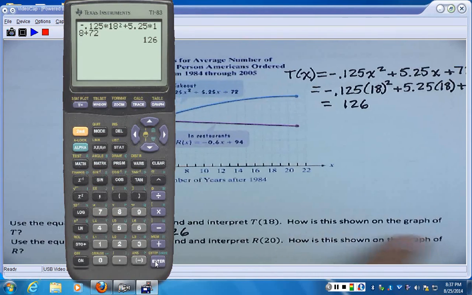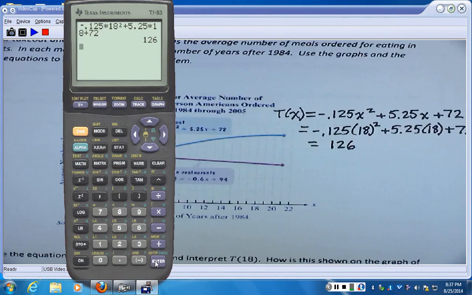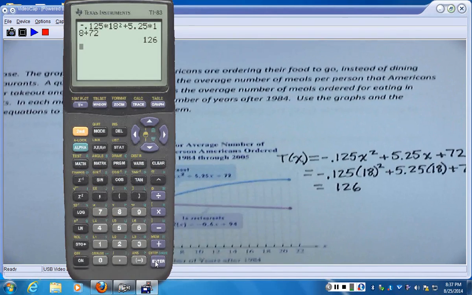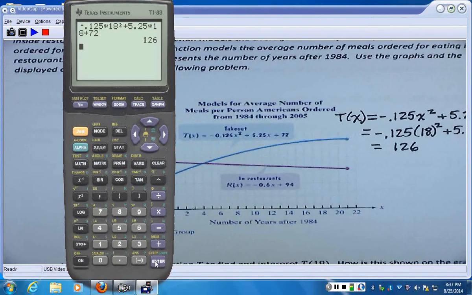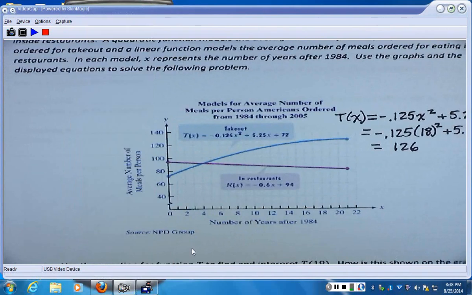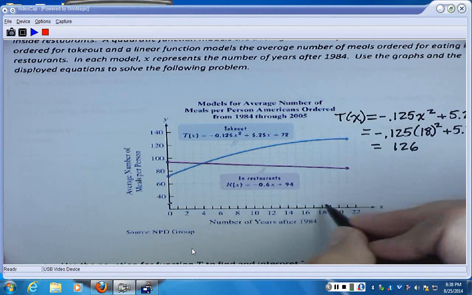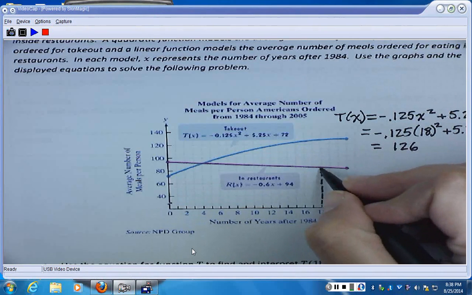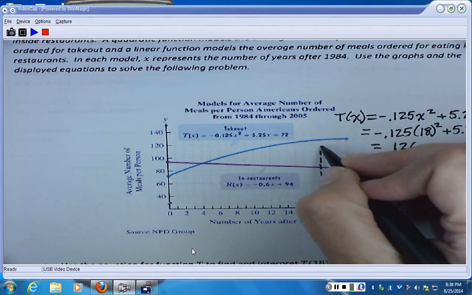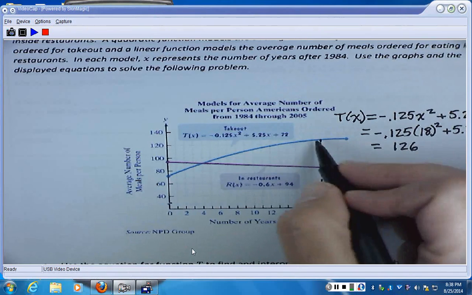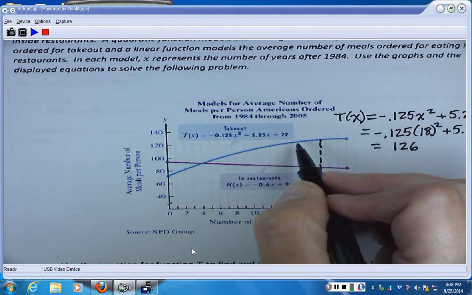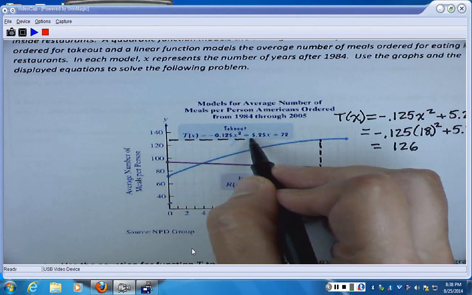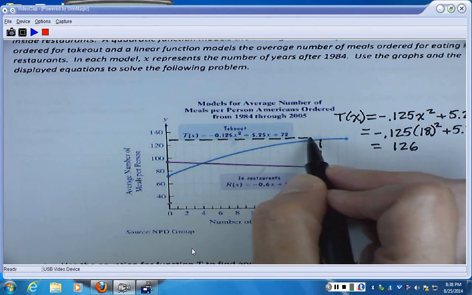How is this shown on the graph of t? Well, if you go to 18 on the number of years after 1984, and you go up and where you hit t of x, then you go across, it's kind of really close to where this thing is there.